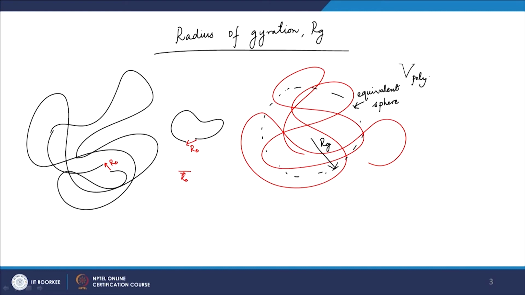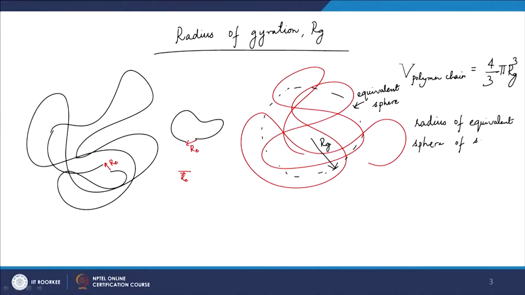This is the volume of the polymer chain, and it will be something like 4/3 pi Rg cubed. So, Rg is defined as the radius of the equivalent sphere, equivalent only in terms of the volume. Of course, the sphere is by no means a good representation of the polymer chain; it is only equivalent in terms of having the same volume as the polymer chain.